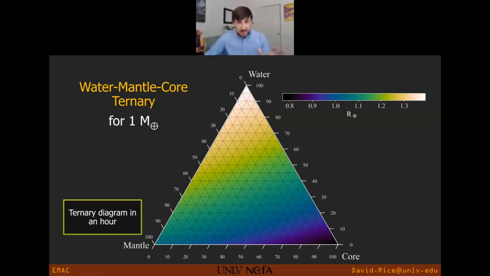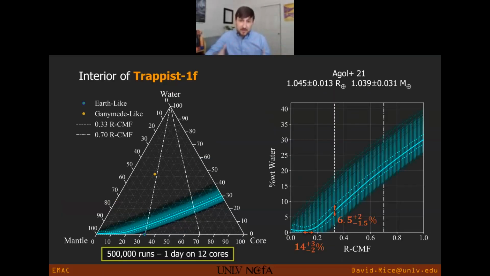My favorite thing to do with MAGRATHEA, and what I'm working on now, is to characterize planets. I do this in McDonald 2022, but now I've been working with TRAPPIST-1F, this amazing measurement from Agol 2021. Our smallest uncertainties are mass and radii. This is all of the possible interior structures for TRAPPIST-1F.